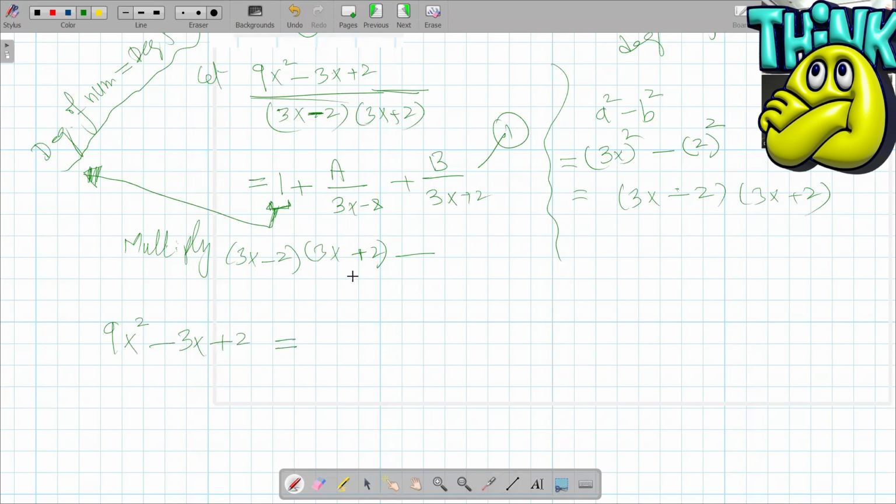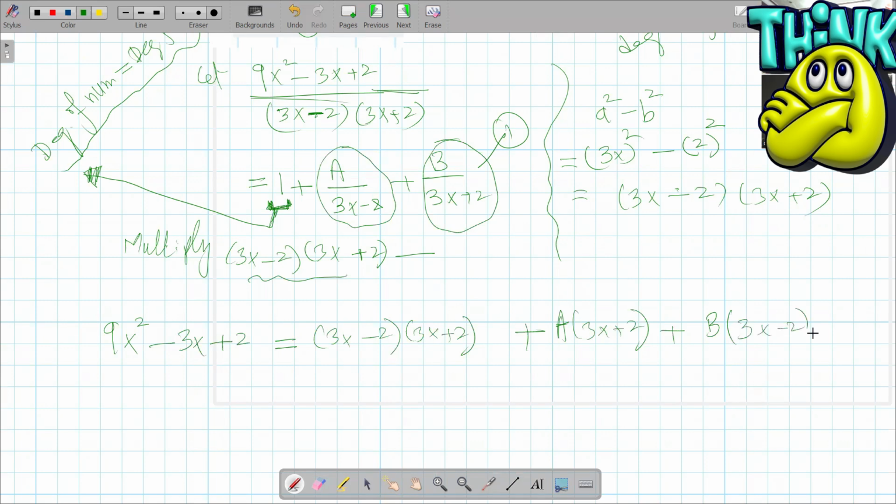On the right hand side, if we multiply these two brackets with 1, you will have 3x minus 2 times 3x plus 2. If we multiply this with the second term, 3x minus 2 will be cancelled, so 3x plus 2 will be left. If we multiply this with the third term, then 3x plus 2 will be cancelled and 3x minus 2 will be left. This is equation two. Is it clear?